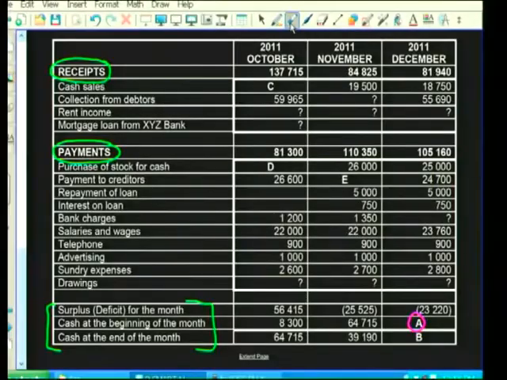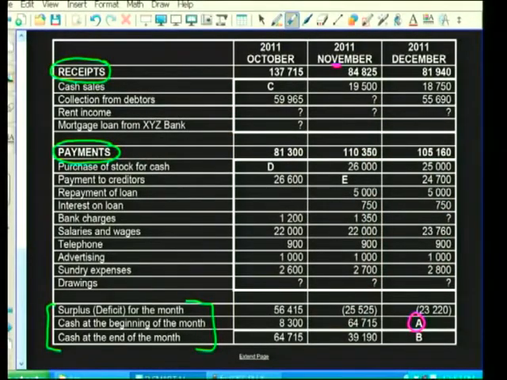Now, for this figure, I can almost hear you guys. Yes, absolutely correct. I've got to look at November. How much money was in the November bank account at the end of the month, at the end of November itself? So if we go to the month of November, and if we look at cash at the end of the month, cash balance, your bank balance was sitting at 39,190, which immediately means if this was the balance on the 30th of November, this closing balance becomes the opening balance for the month of December.